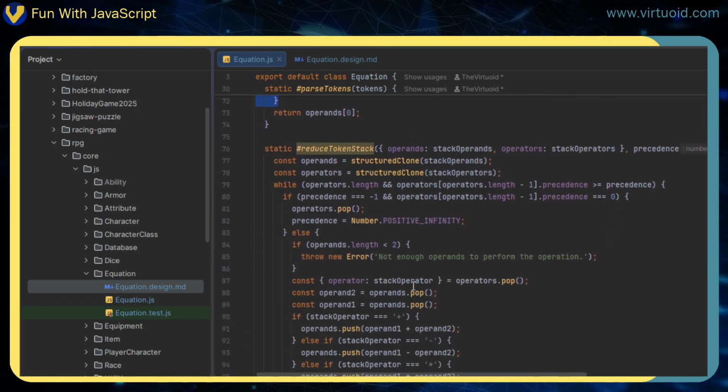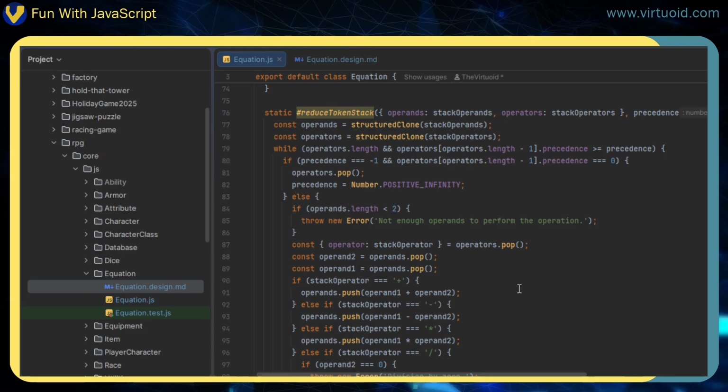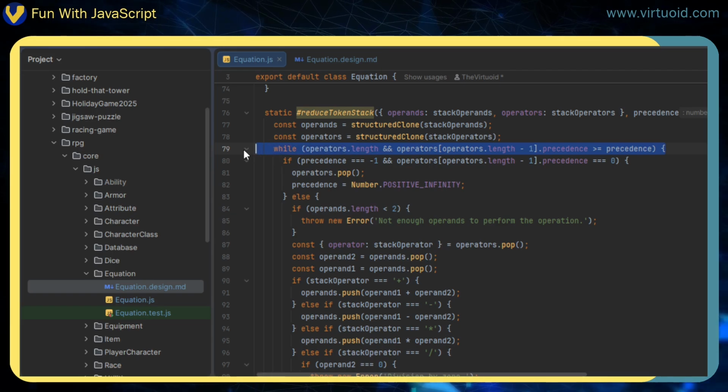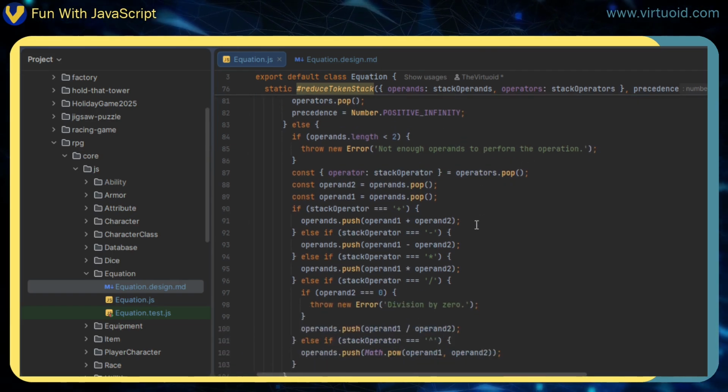Reduce token stack is not really very simple, but the real key here is that we want to be able to tell the system that when we've got an operator on there and our precedence is correct, the big thing we want to do is then do the calculations.